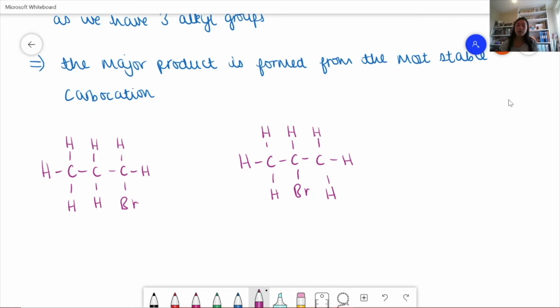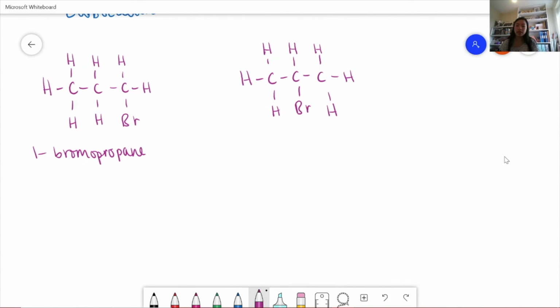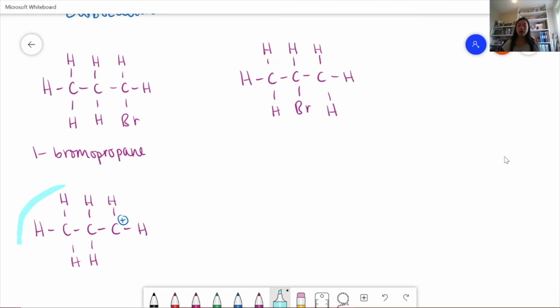And so 1-bromopropane was formed from a primary carbocation, because the positive charge of the carbon would have been on the carbon where the bromine is attached now. And because we've only got one alkyl group here, this is a primary carbocation.